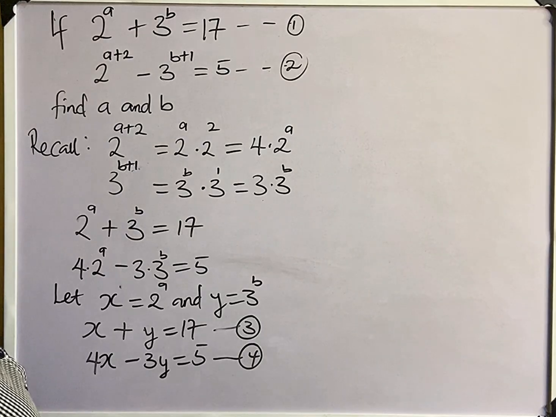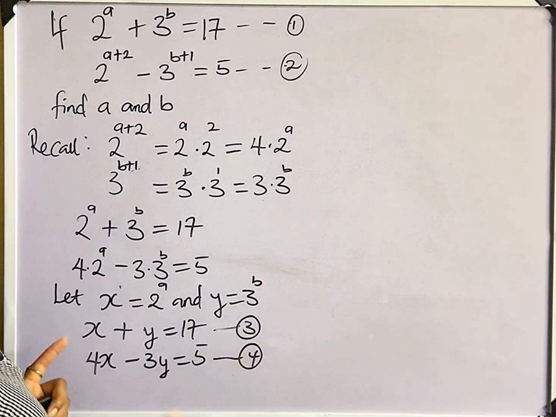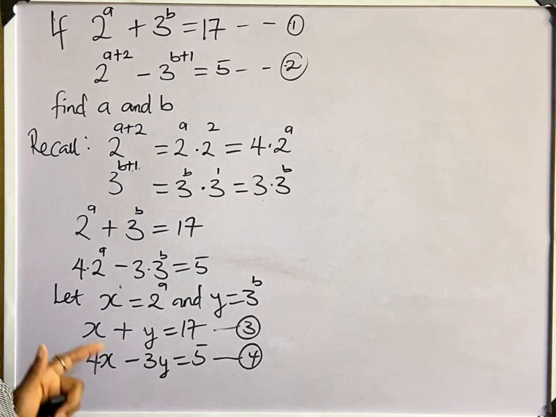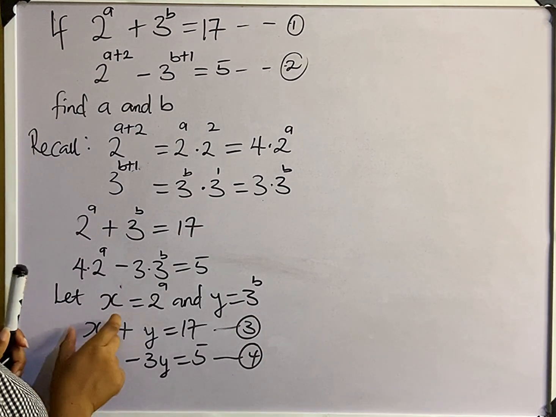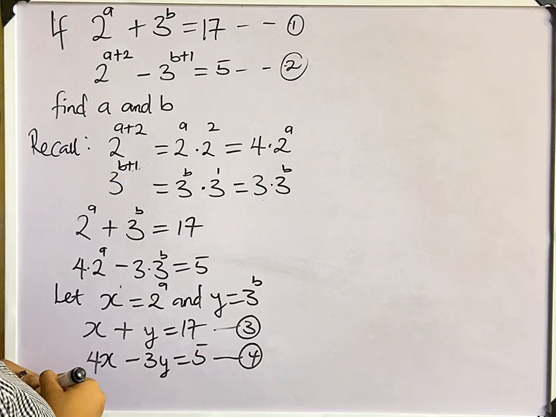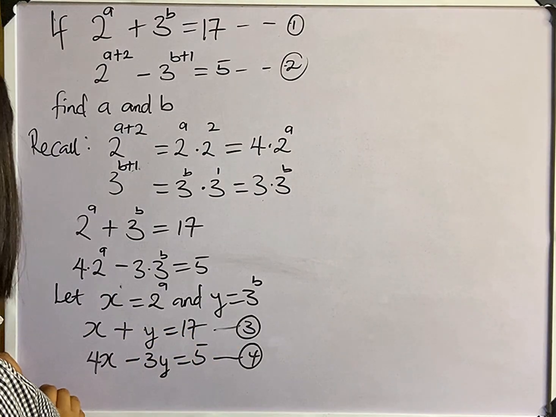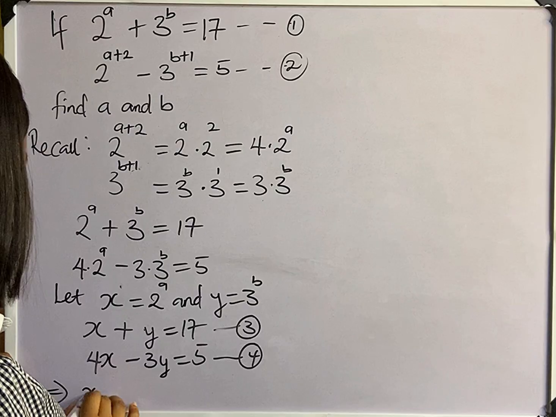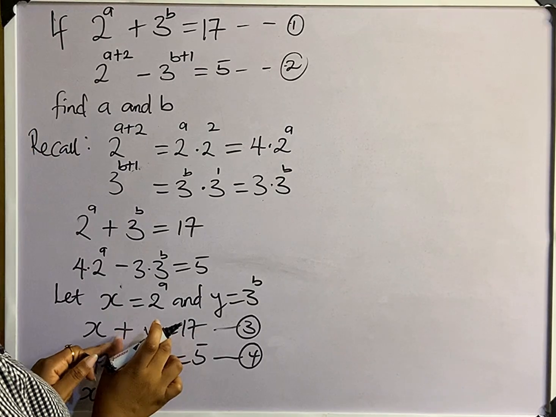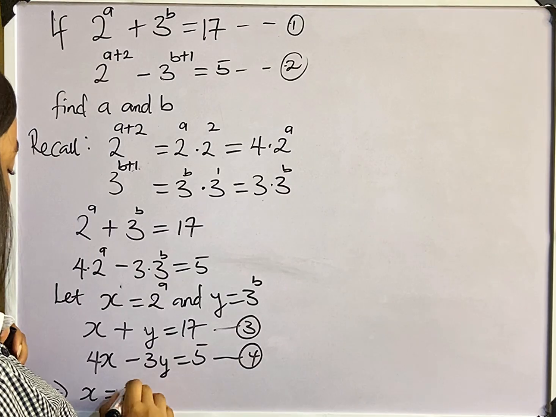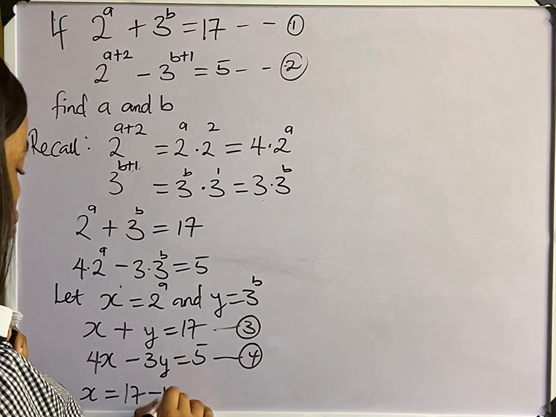Of course we're looking for x and y here in this system of equations. So from my equation 3, I'm going to make x the subject of the formula. So this implies that x equals, now I will take plus y over to the other side, so that I'll have 17 minus y.